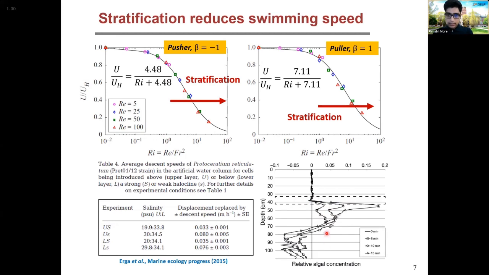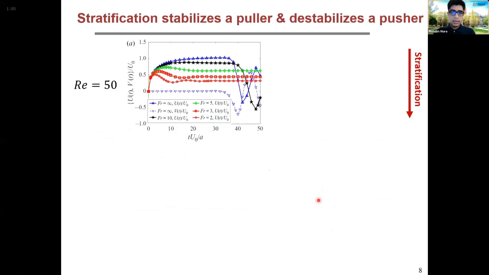So as the swimmers move and encounter this stratification layer, their speed actually decreases significantly, and as a result, if the stratification is strong enough, they cannot penetrate this layer and get stuck here, and that might lead to their accumulation.